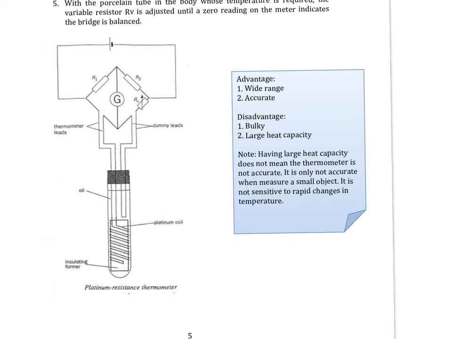It is a type of resistance thermometer, but specifically it is called a platinum resistance thermometer, and it makes use of the thermometric property that the resistance of a metal increases with temperature. So for the platinum here, if we increase its temperature, we will expect its resistance to increase.